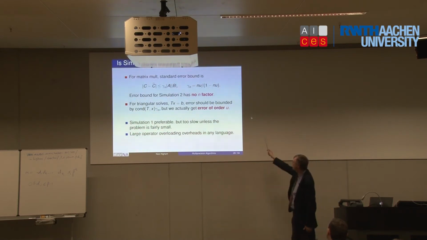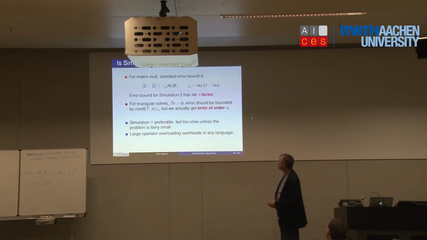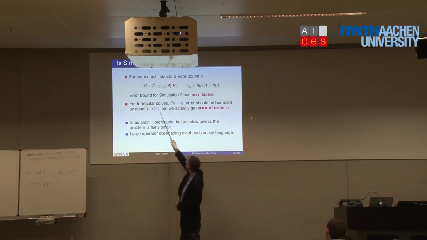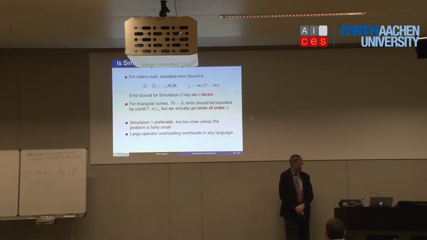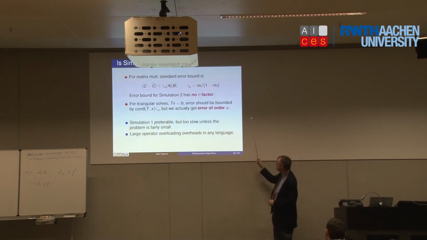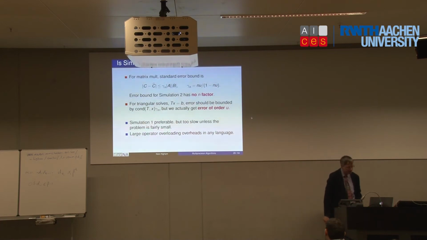Similarly, if you solve a triangular system in higher precision and then round the result back to half, you will not get the condition number factor that you would have got had you done the whole thing at the working precision. So you will probably get a better answer than if you did every single operation in FP16. If you do that, and that's what you'd be tempted to do for speed, then you need to be a bit careful about the conclusions you draw from your experiments, because you're probably getting a more accurate answer than you expected.